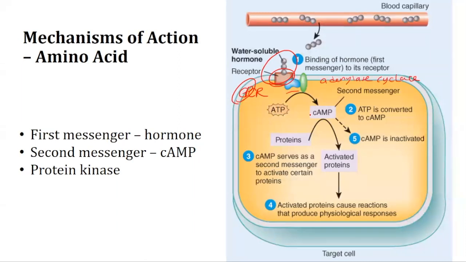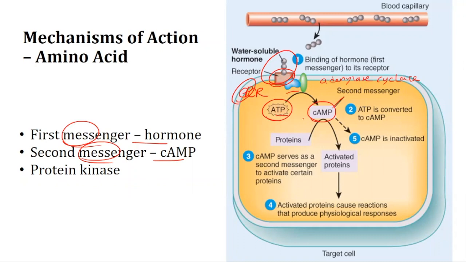And adenylate cyclase is going to allow the conversion of ATP into cAMP. cAMP is known as a second messenger, something that's activated in the downstream pathway. The first messenger is the hormone, and the second messenger is the molecule called cAMP.